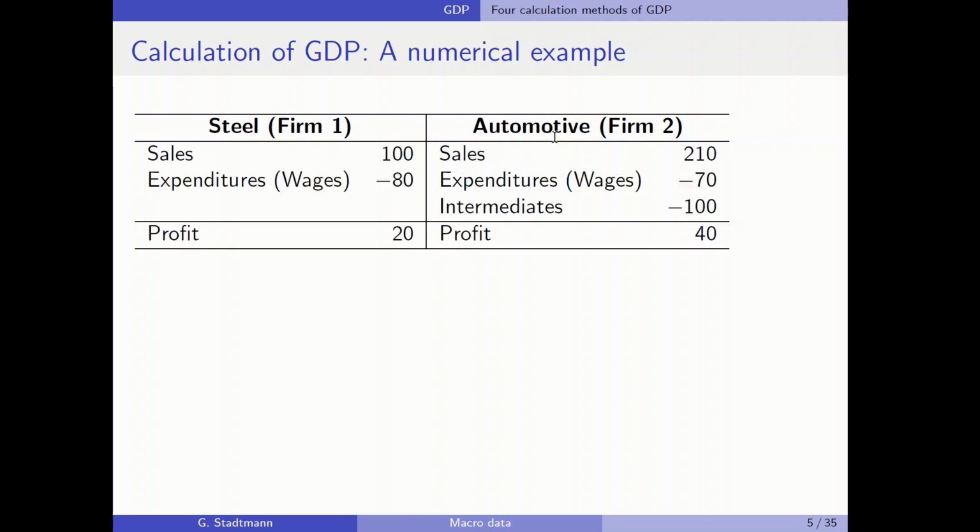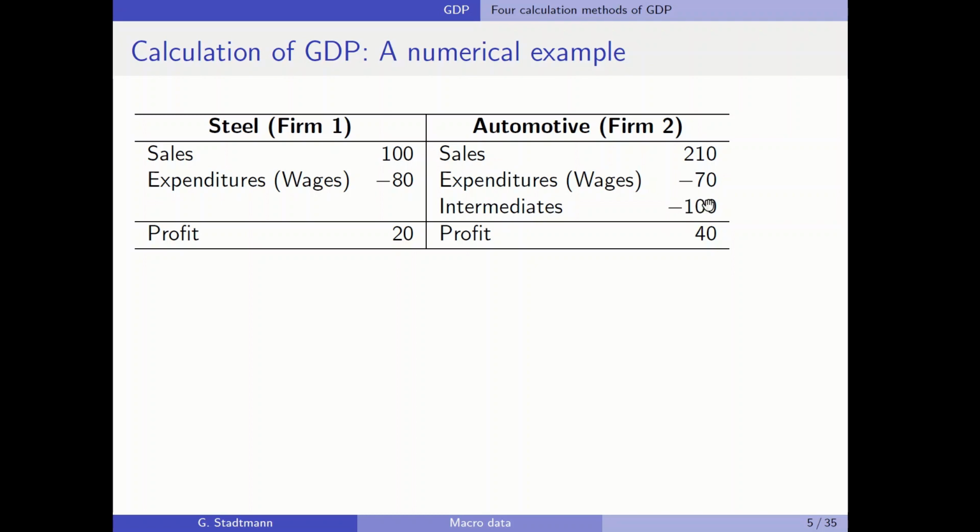Let's have a look into the profit and loss statement of these firms. The steel company has sales of 100, expenditures in form of wages of 80, so the profit generated in this company is equal to 20. Then the steel is sold to the automotive company as an intermediate.